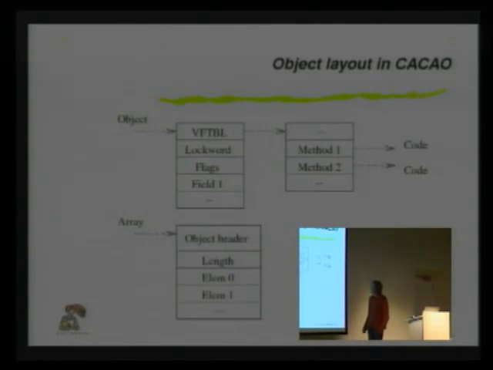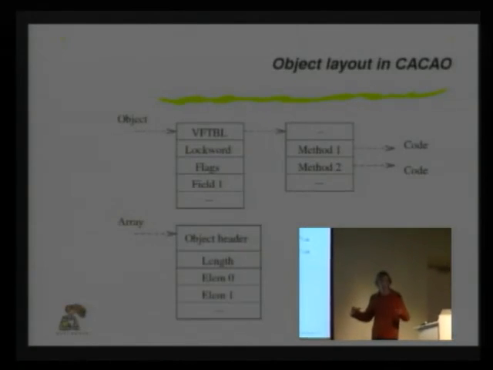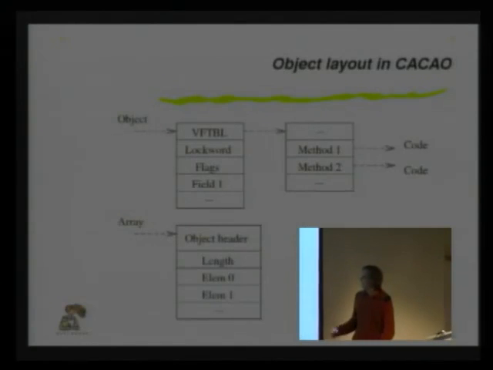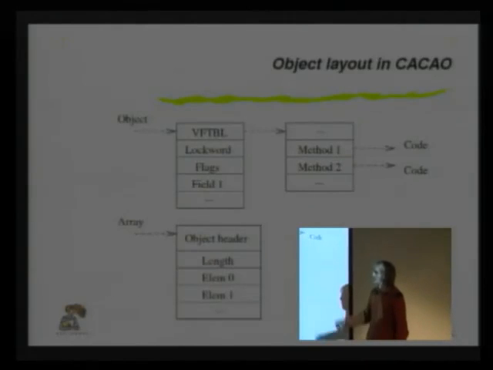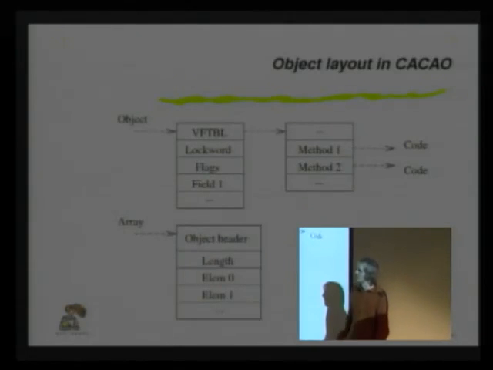We can use a byte array to put some executable machine code into the byte array. We can use an array of integers of the native word size to create such a virtual function table, and we can use such an integer array to create this object header.